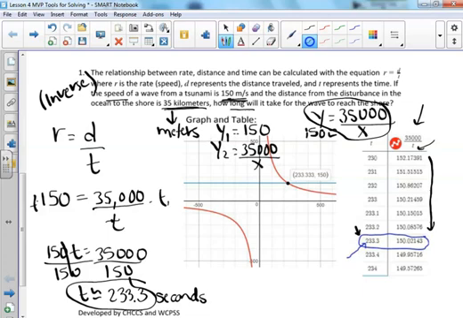So the y equals 150 is the blue horizontal line, and the y equals 35,000 over x is the red inverse function. So we can see that they intersect at this point here, which is approximately 233.3, 150.